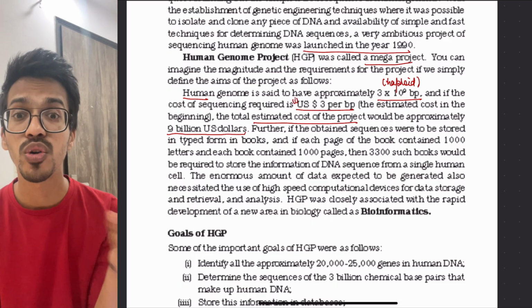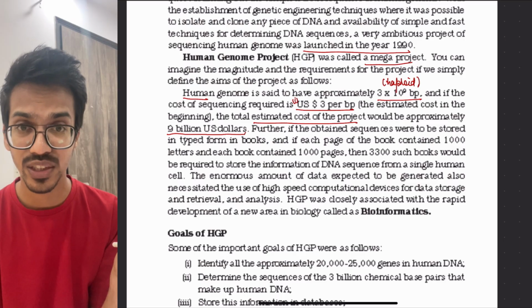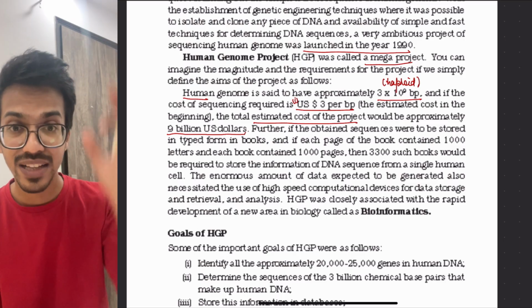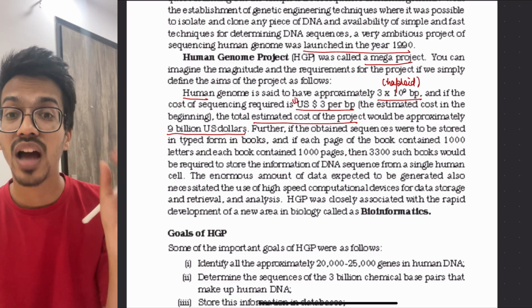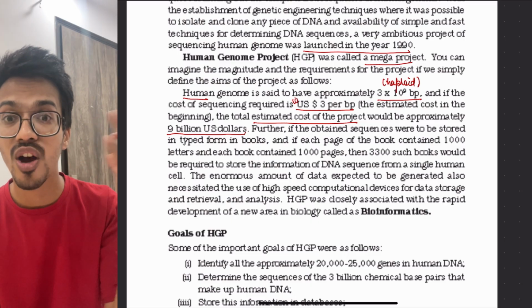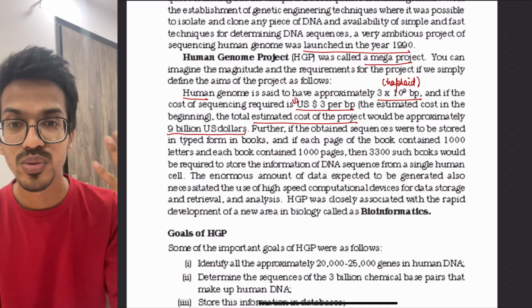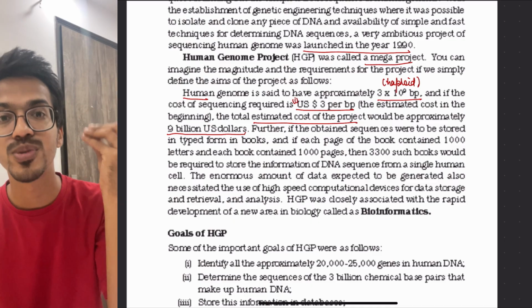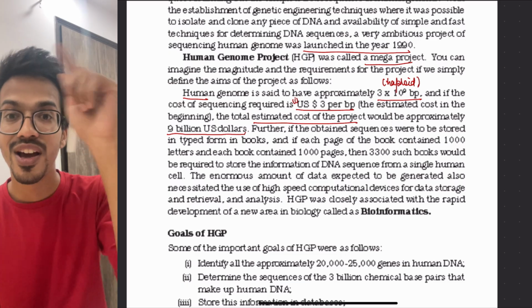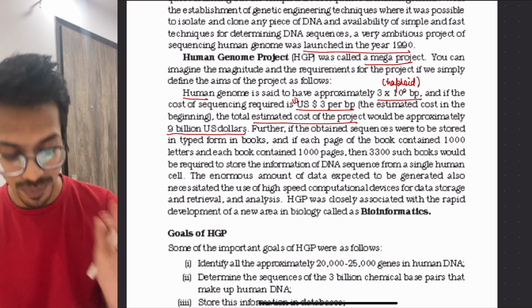Further, if you want to type all the DNA sequences and each page has 1000 alphabets of the nucleotides, then almost 3000 such books with 1000 pages, each page containing 1000 nucleotide bases written one after another, would be needed.